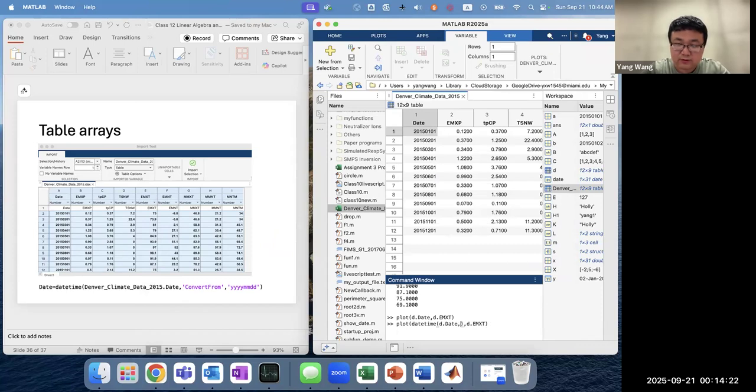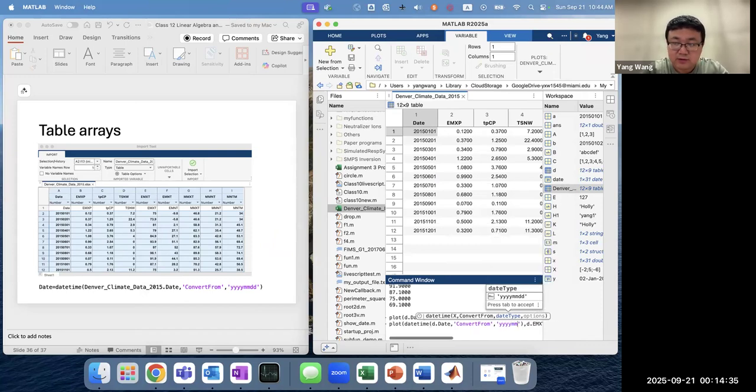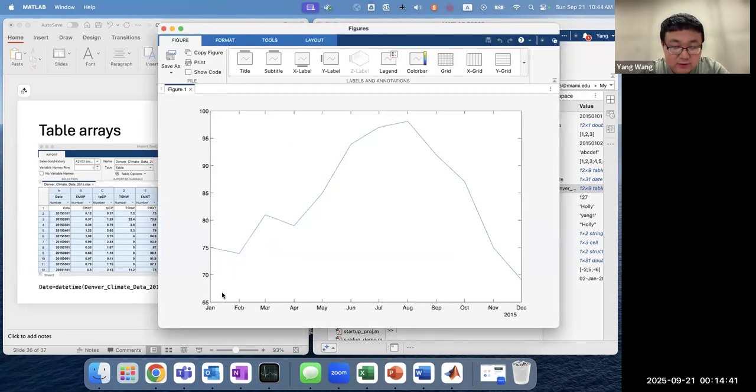And then we're going to use convert from, and we know the format is yyyyMMdd. Okay, so now you can see that we're showing different months and the different temperatures.